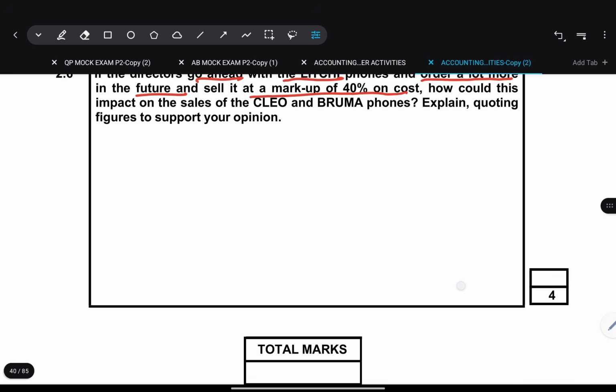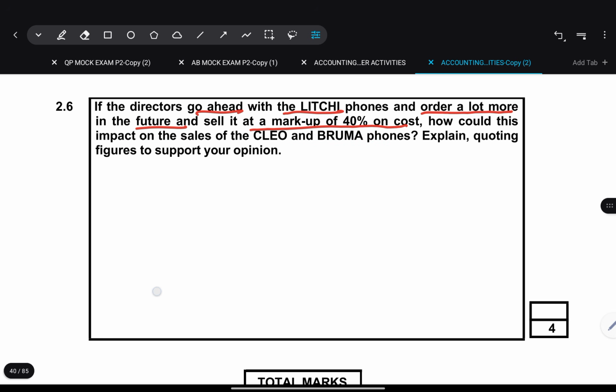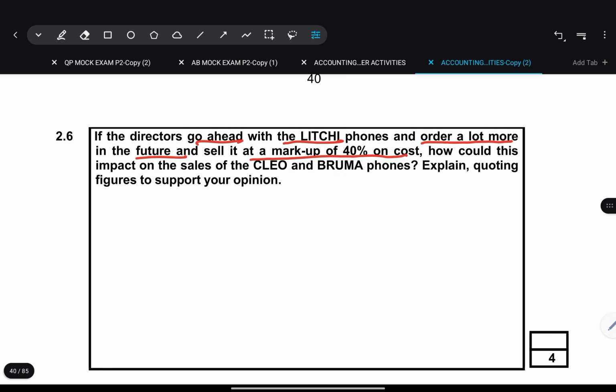Firstly, we need to check how much they are going to sell them for, and then what profit they are going to make. So we first calculate our sales, our cost of sales, and then we get gross profit.